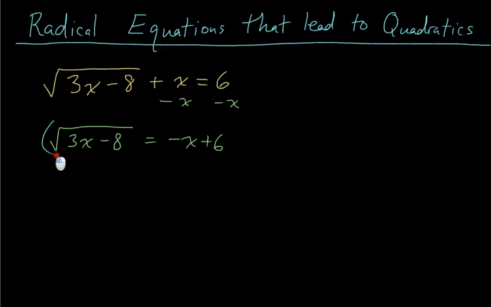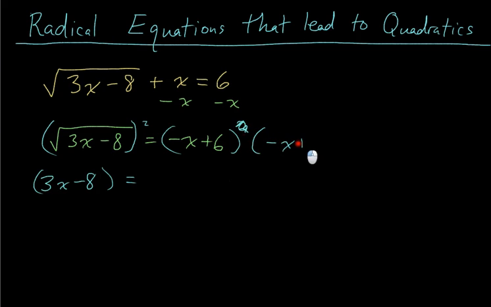We square both sides to get rid of the square root. This side we just have 3x minus 8. On the other side, let me actually rewrite this thing twice, because I have to FOIL. If I just put squared, I'd be tempted to just say, oh, that's x squared and 6 squared.